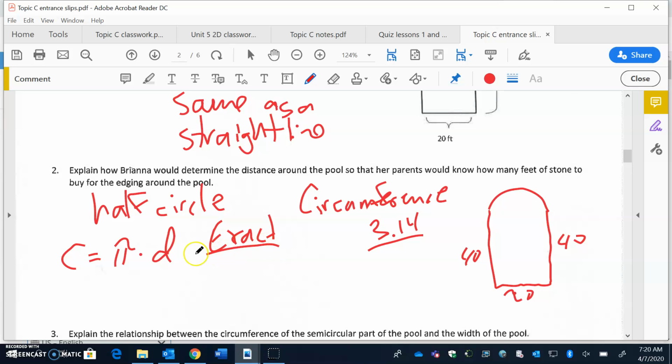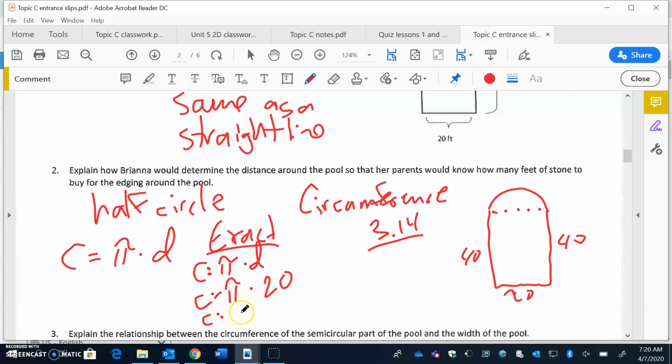So the thing about the exact answer is that you just leave pi alone. You kind of treat it like it is a letter. And that's what pi is. It is a Greek letter. Let's show you. I think that's a better way of saying it. So your circumference is going to be pi times your diameter, so all the way across your circle is a 20.